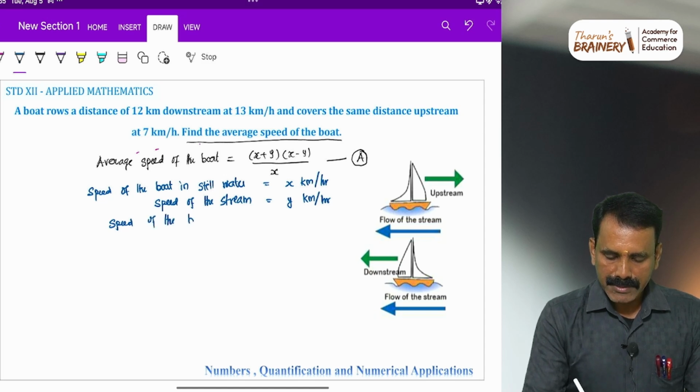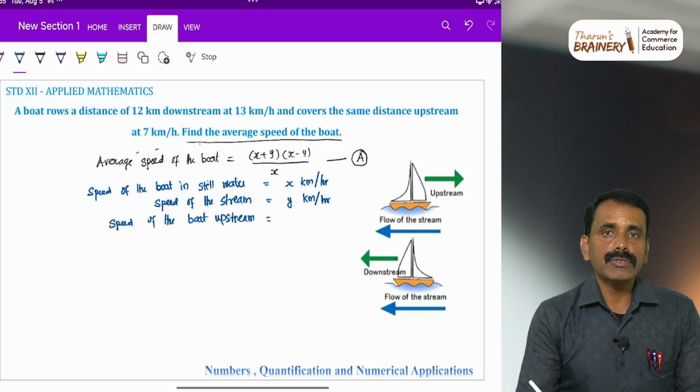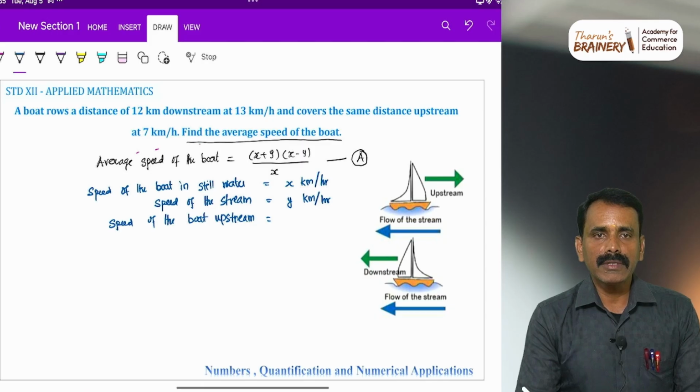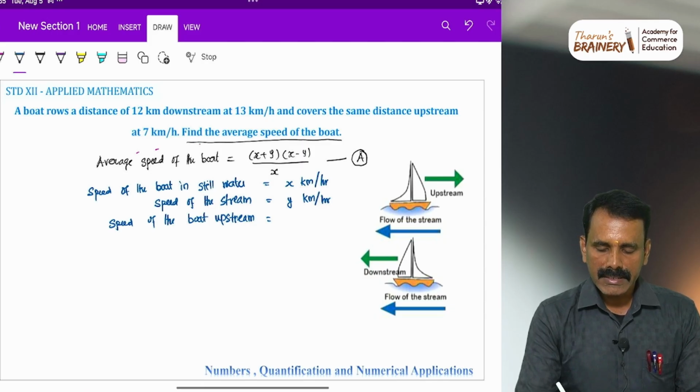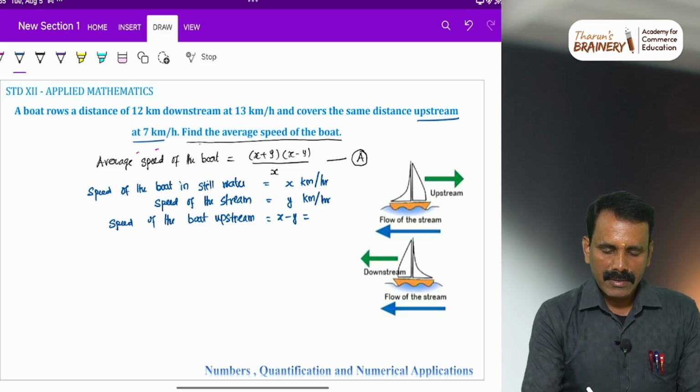Speed of the boat upstream, because the boat is going to travel against the flow of the water, the speed of the boat reduces, so it is taken as x minus y. And for upstream travel, the speed is given to be 7 kilometer per hour.